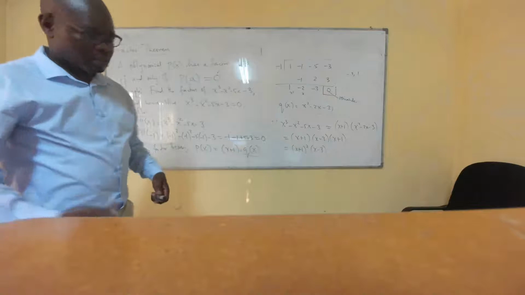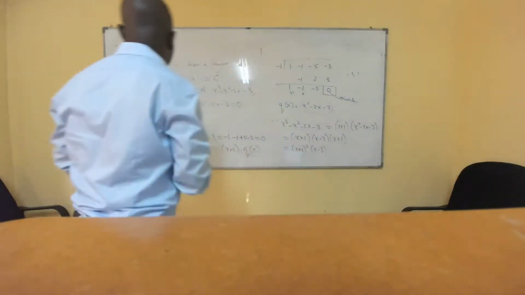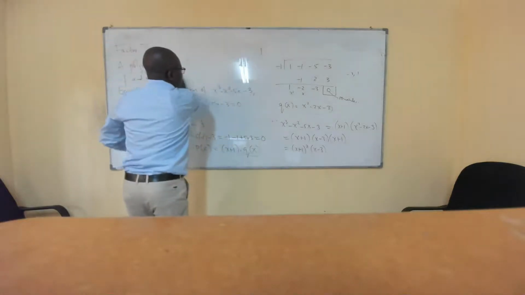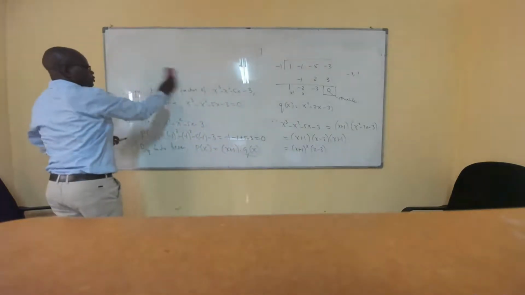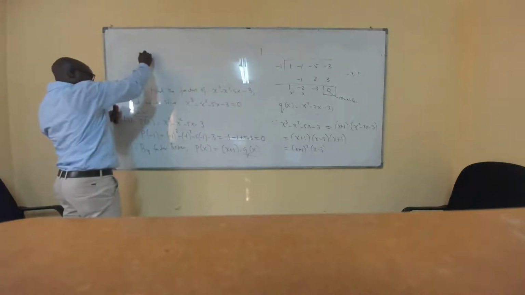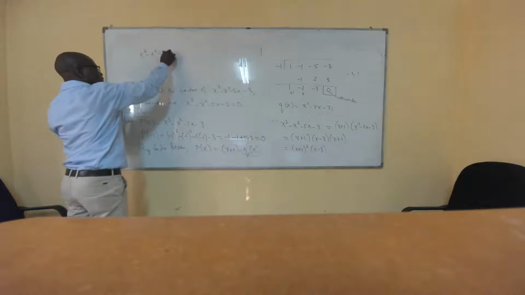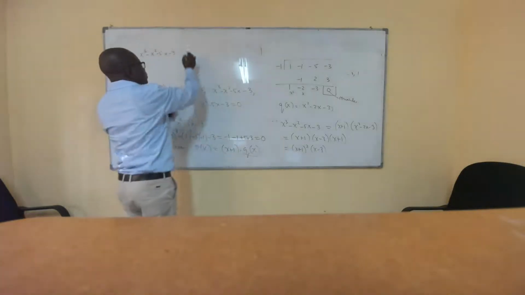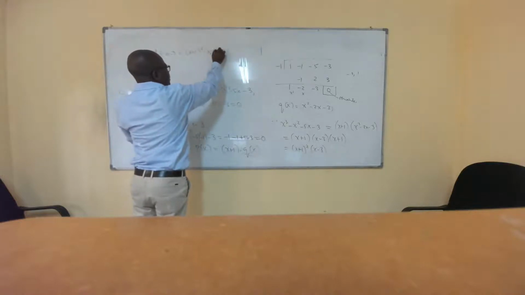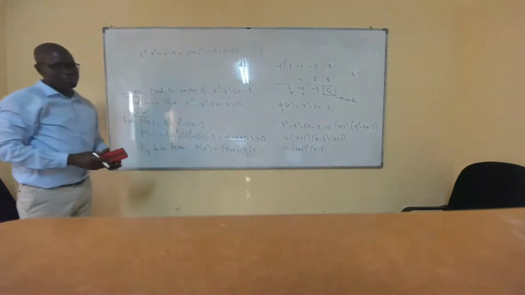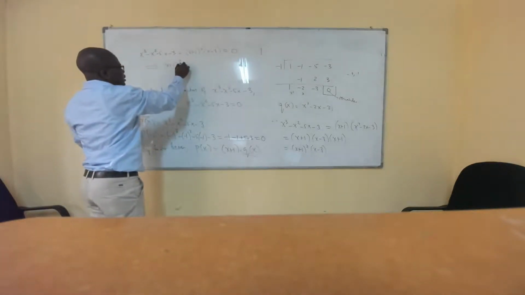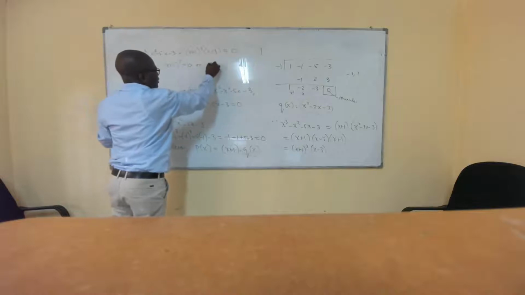So once you have managed to do that, solving this will be easy, right? To be straightforward, x to the power 3 minus x squared minus 5x minus 3, which in factored form is x plus 1 squared times x minus 3, we equate to 0. This would mean that either x plus 1 squared is 0, or x minus 3 is 0.